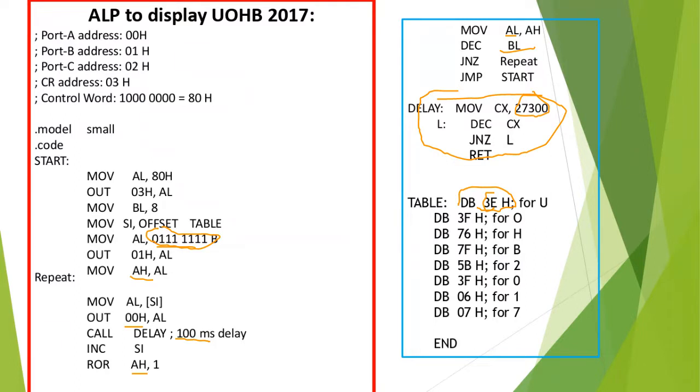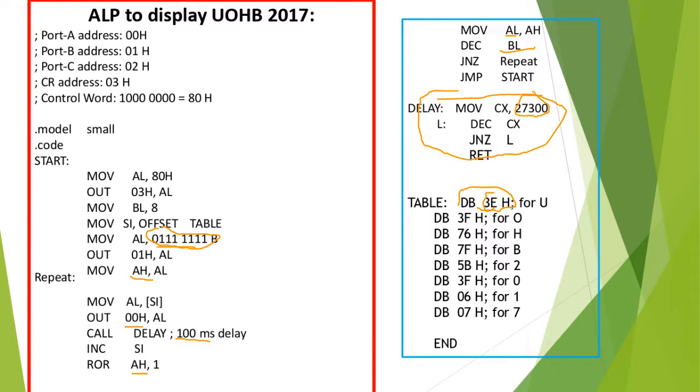I think there is a mistake here. Jump if BL is not 0. AH in AL. I think one line is missing. Jump not zero, repeat.